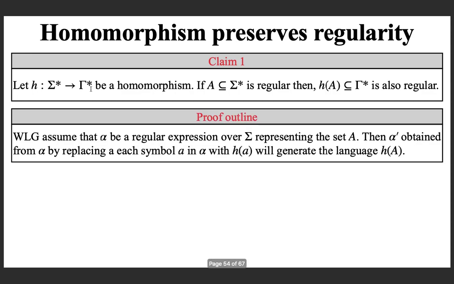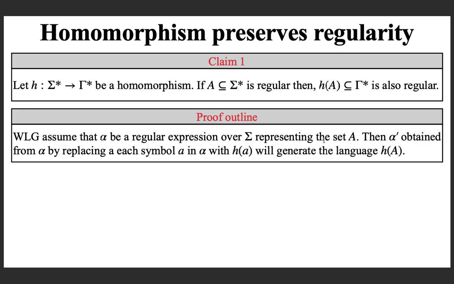So, I will give you a proof sketch, just an outline, not the complete proof. A is a regular language, then without loss of generality, assume that alpha is a regular expression over sigma representing the regular set A. No doubt, if A is regular, you will get a regular expression.